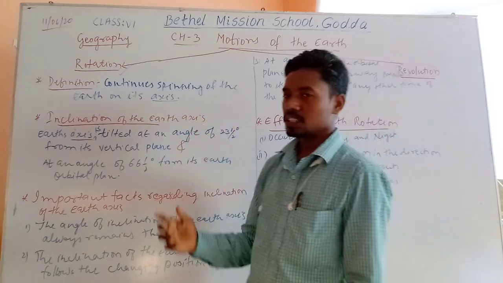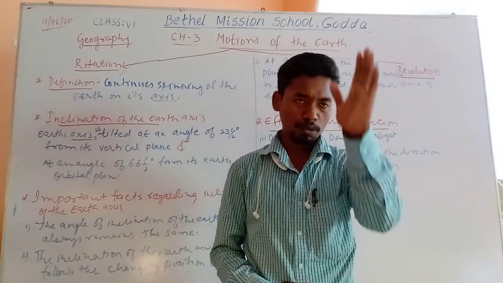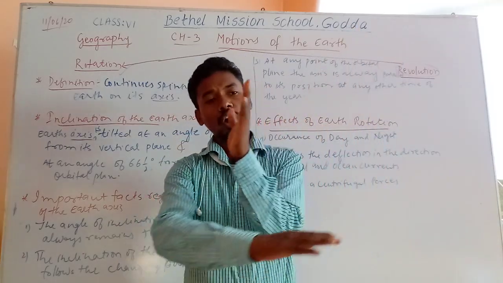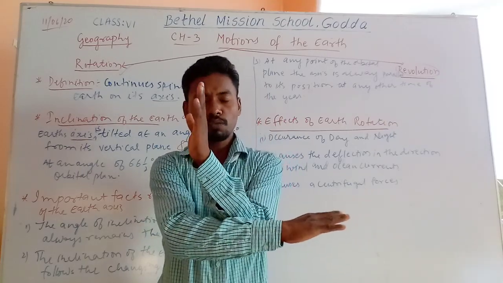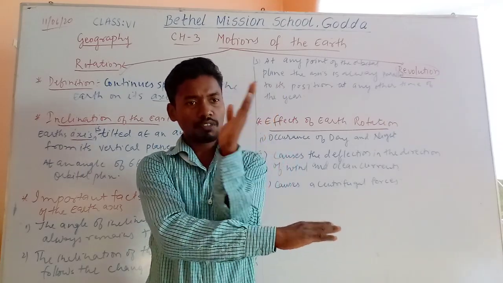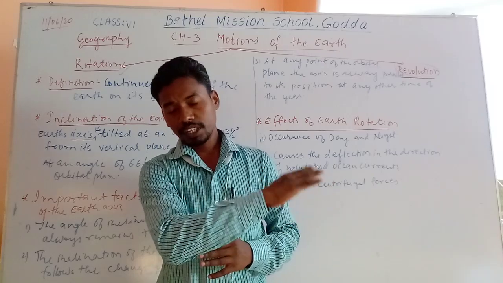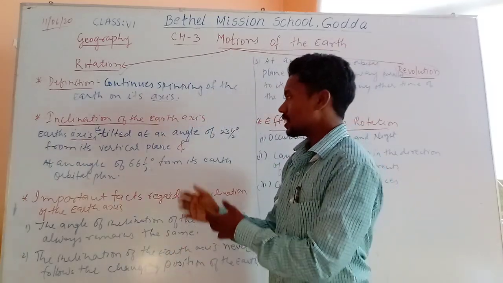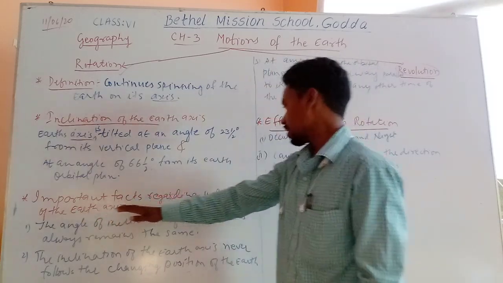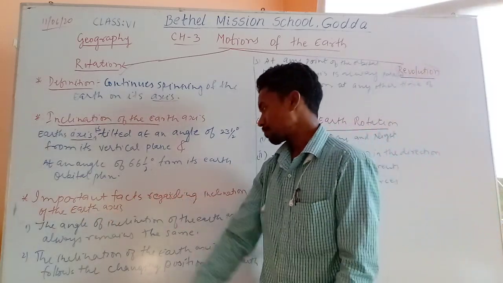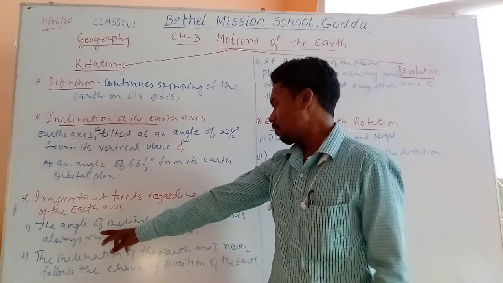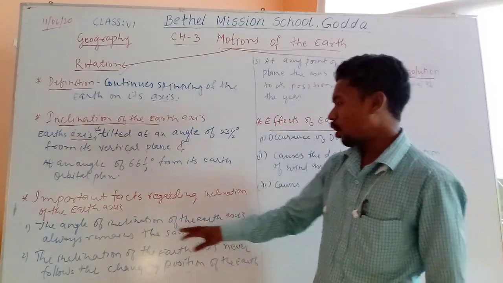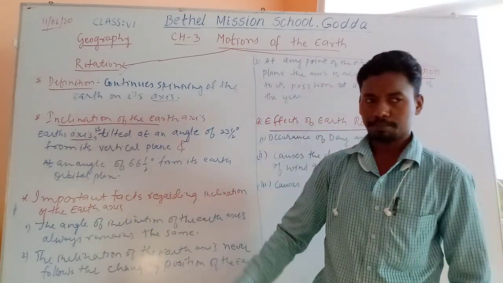The Earth's axis is tilted, and we have two points of view: one from the vertical plane and one from the horizontal plane. From the vertical plane it is 23.5 degrees and from the horizontal plane it is 66.5 degrees. Let us see some other important facts regarding the inclination of the Earth. The angle of inclination of the Earth's axis always remains the same.